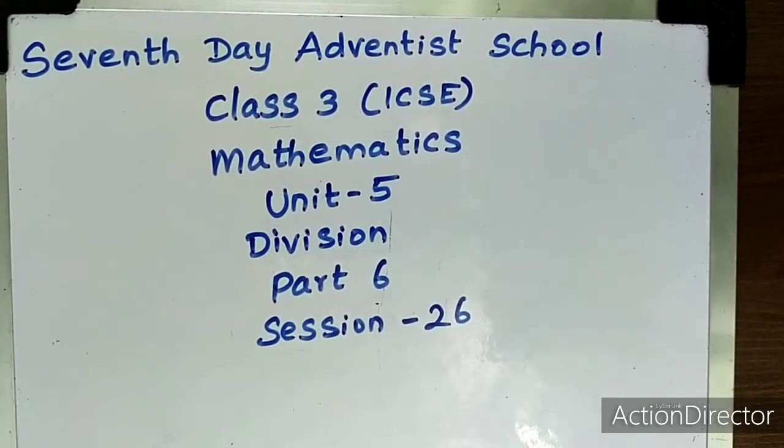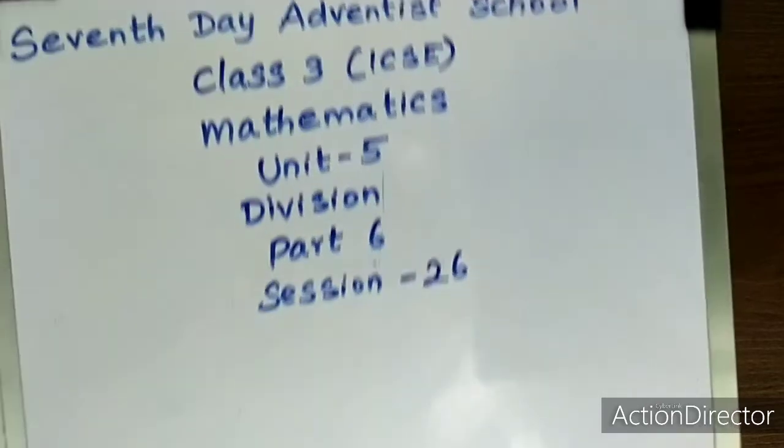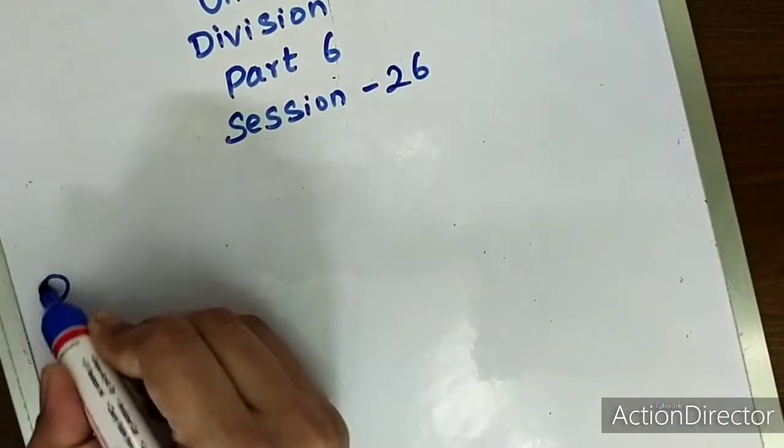Last class we studied properties, long division, and how to check the division. How will you check the division? We have a formula for that. What is the formula to check the division?